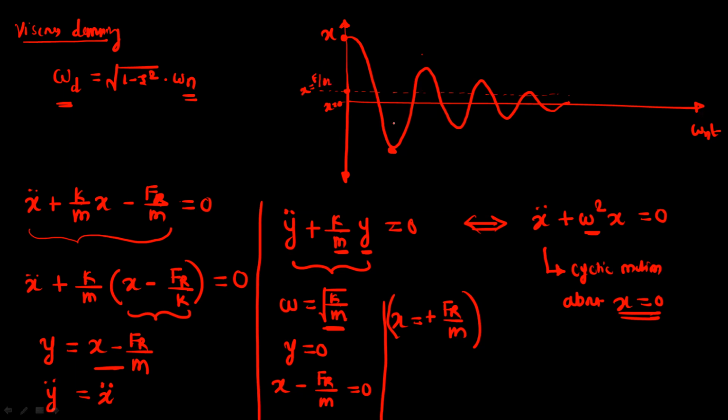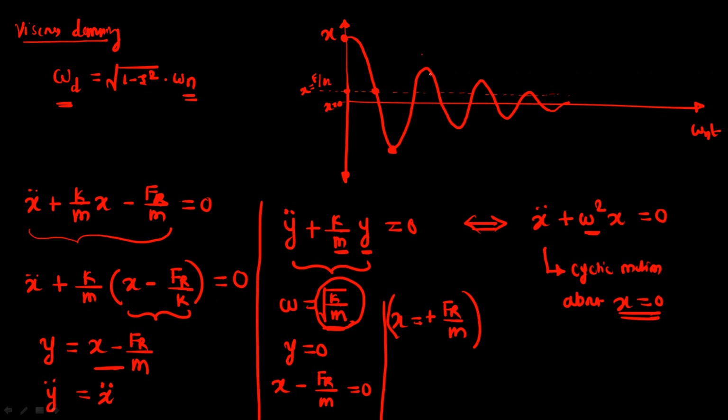During the half cycle only, the mass performs the simple harmonic motion with this frequency about x is equal to F upon m. That means if you measure the distance from this point up to this point, and from this point up to this point, it will remain the same. Okay, and therefore this is a mean point for half cycle.